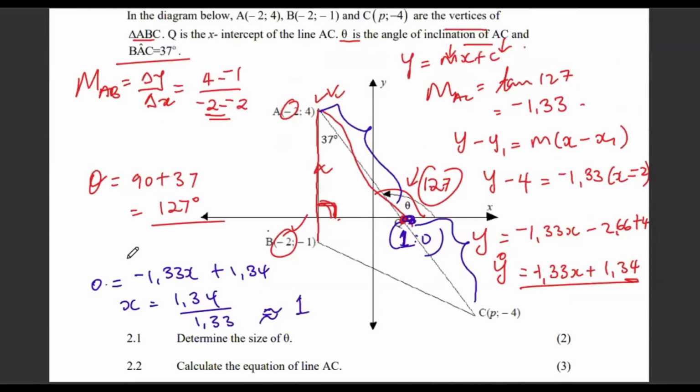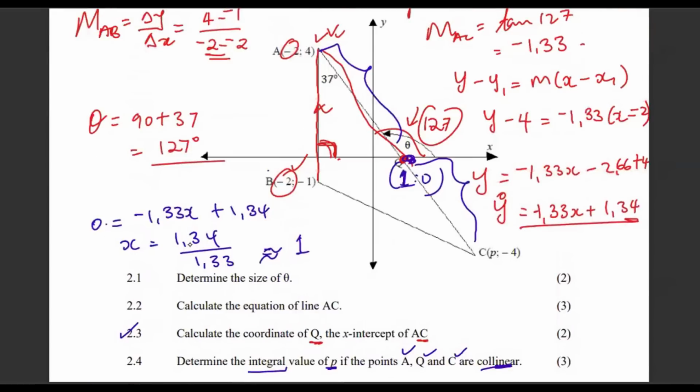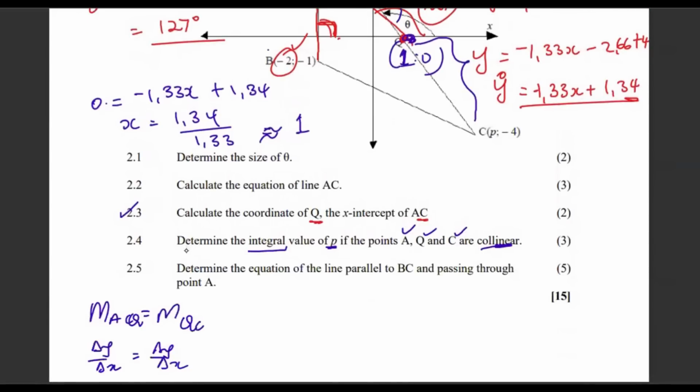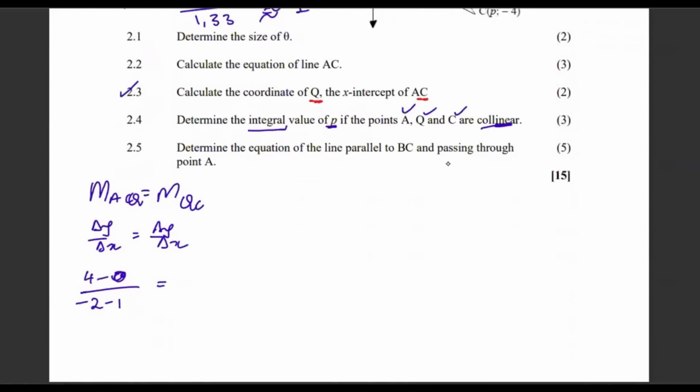So it's going to be 4 minus 0 over negative 2 minus 1 is equal to, let's have it the other way around, negative 4 minus 0 over P minus 1.